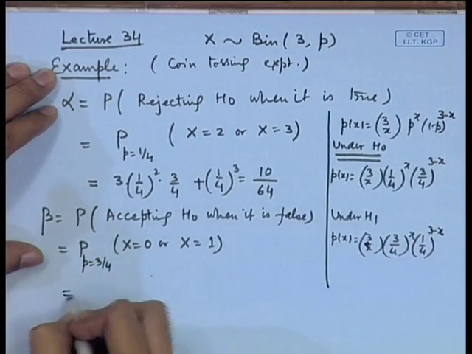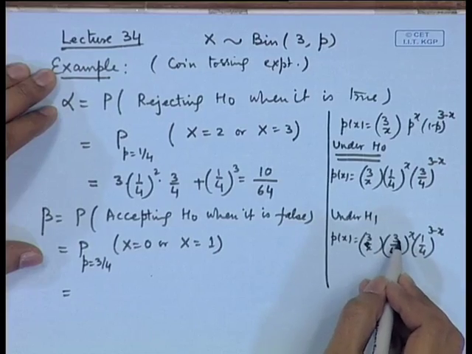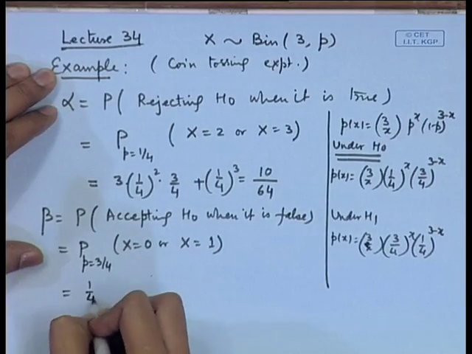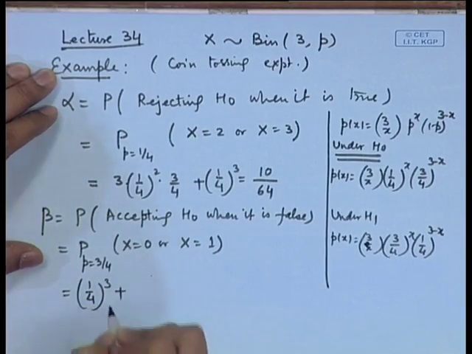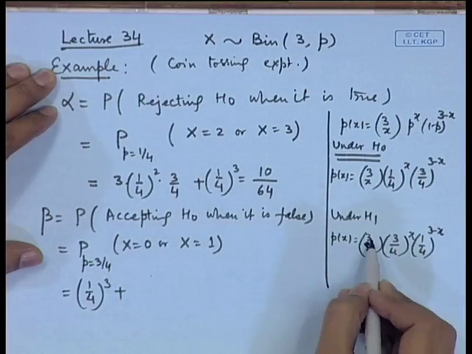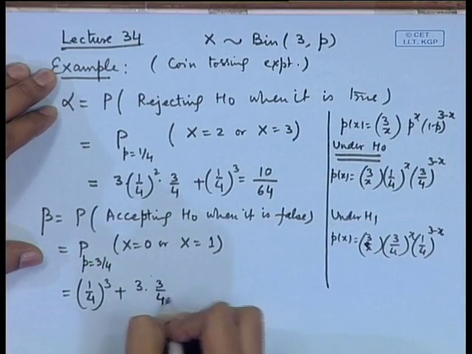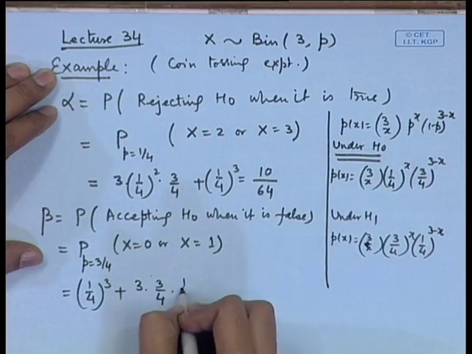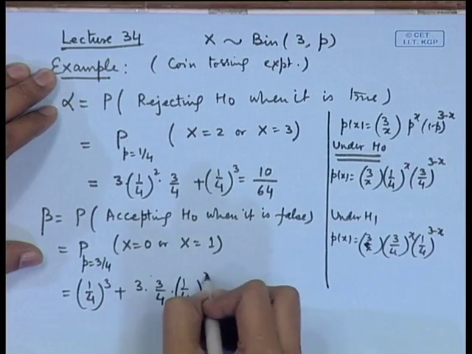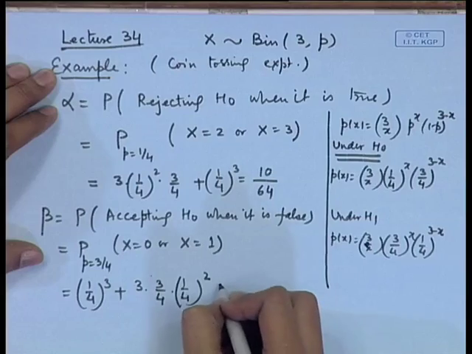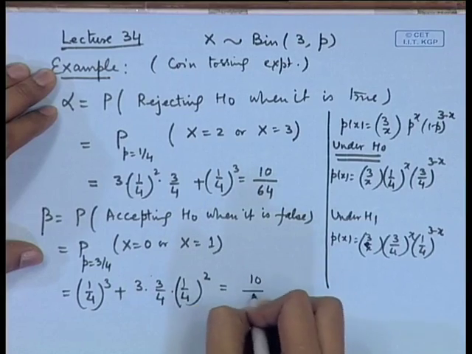So, when x is equal to 0, this value is simply 1 by 4 cube, plus when x equal to 1 it is 3 into 3 by 4 into (1 by 4) square. So, that is equal to 10 by 64.